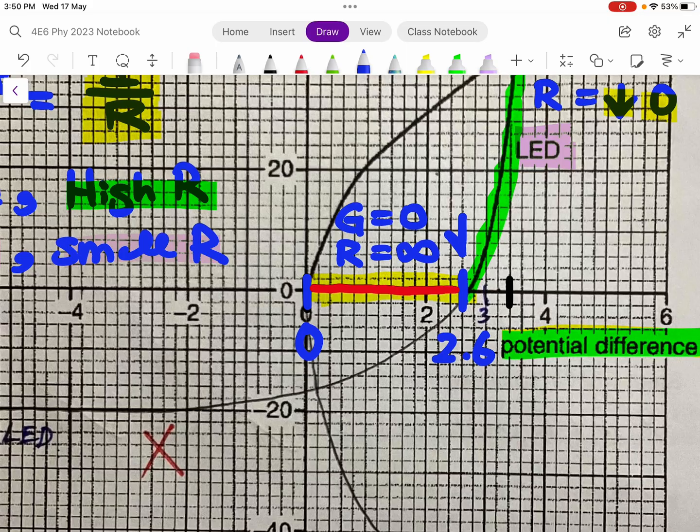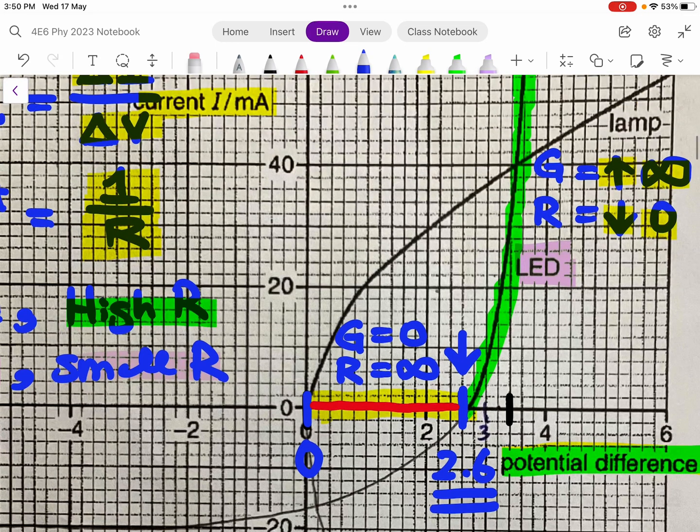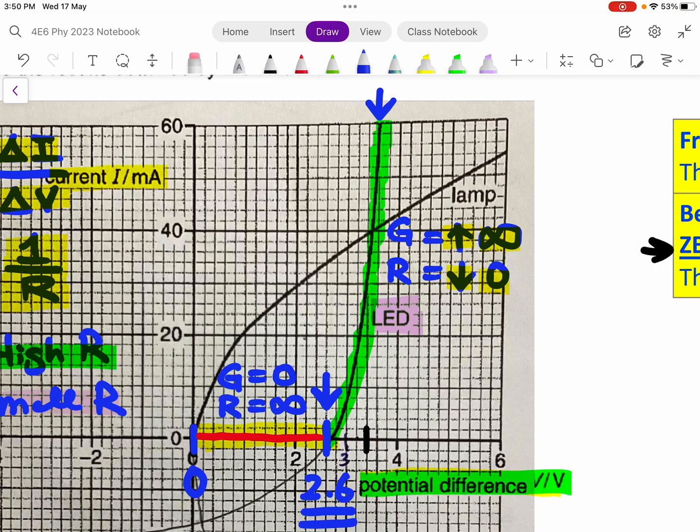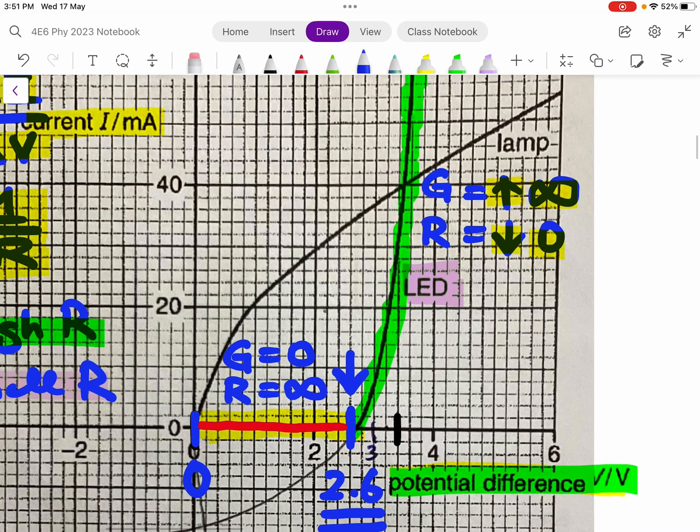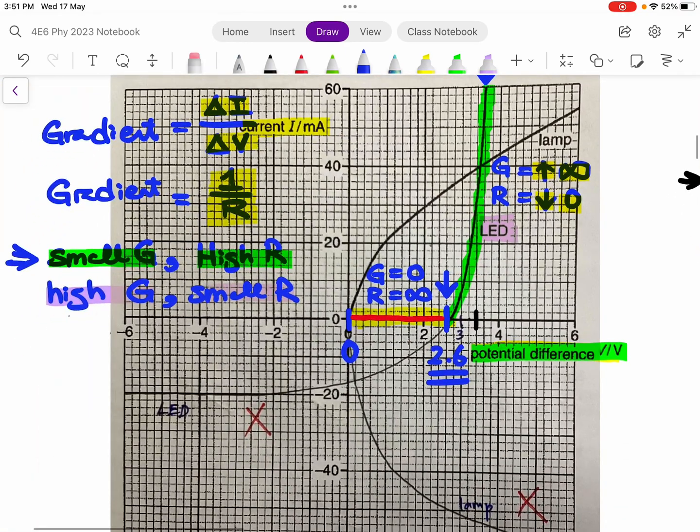You notice that at this particular point at 2.6 volt, the diode behaves very differently, right? On the left side of 2.6 volt, it behaves like an open circuit. On the right side, it behaves like a typical wire. So what does it mean? It means that it is going to continue to behave like an open circuit below 2.6.